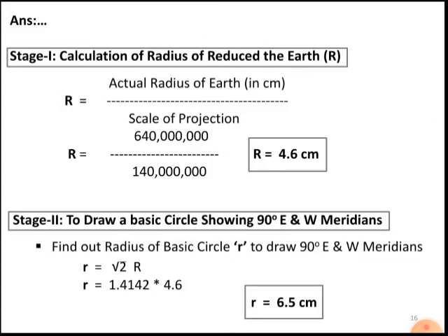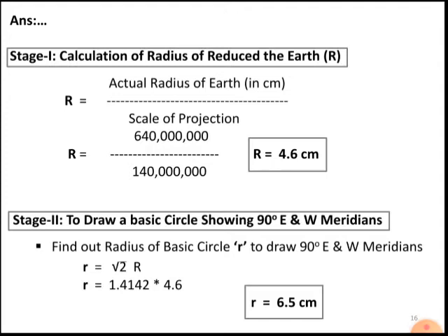So in the first stage, the calculation of the radius of the reduced Earth. In all projections, this is the first stage to go further for the projection construction. So here the actual radius of Earth that we know, 6,400 lakh centimeter, divided by the given scale of projection, if you calculate this using a calculator, the answer would be 4.6 centimeter.